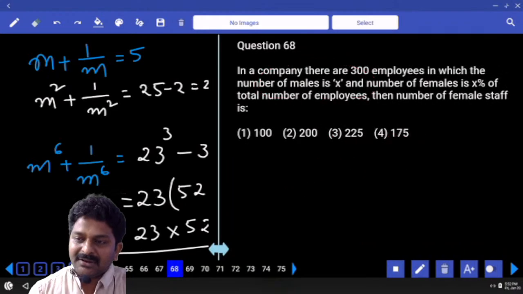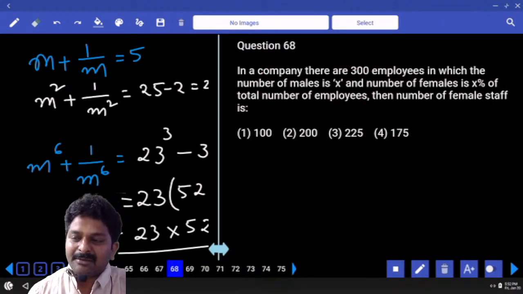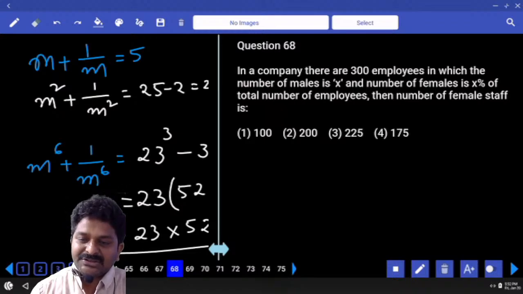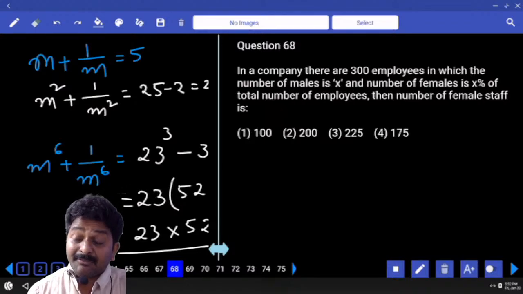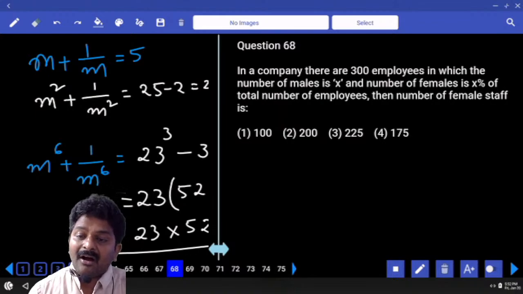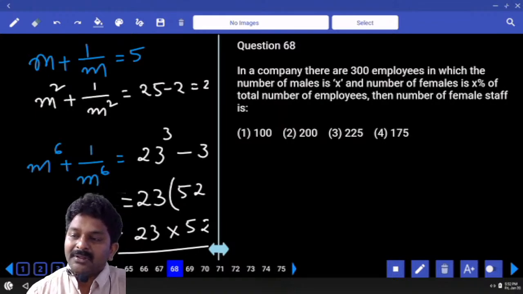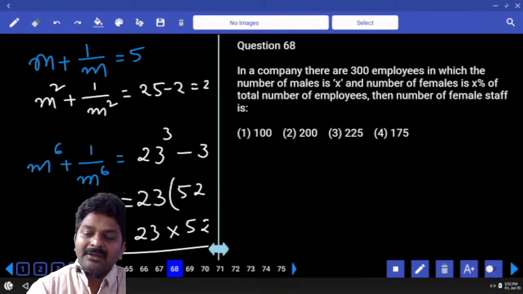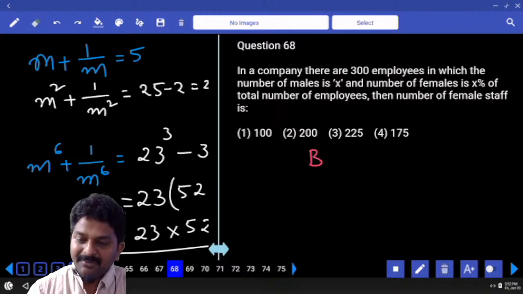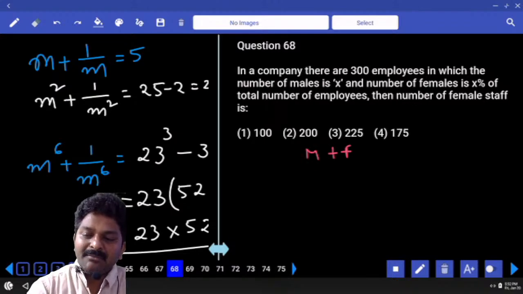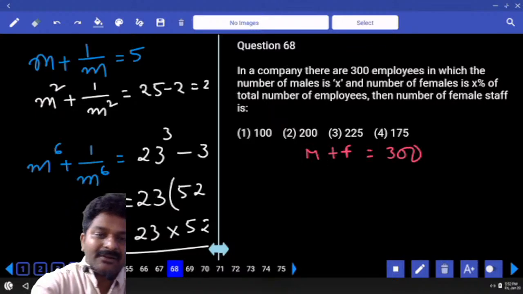In a company there are 300 employees, in which the number of males is x and the number of females is 3x. The number of males is x percentage of the total number of employees. So you know that male plus female both together is 300 only.